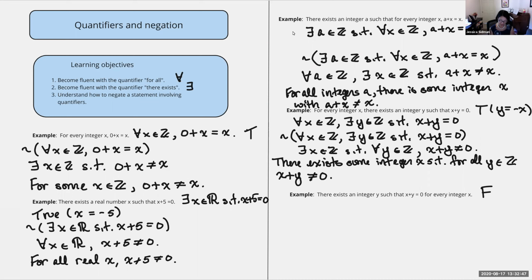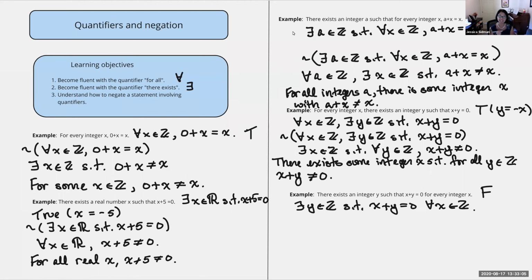In logical notation, this is: there exists an integer y such that x plus y equals 0 for every integer x.